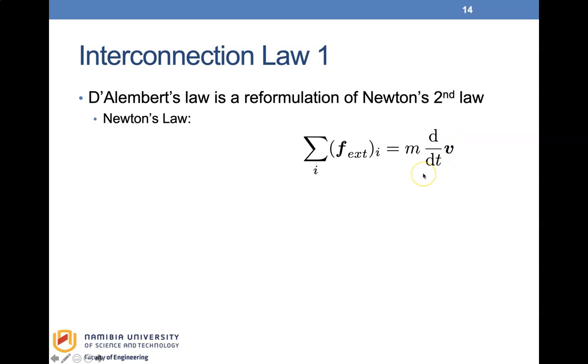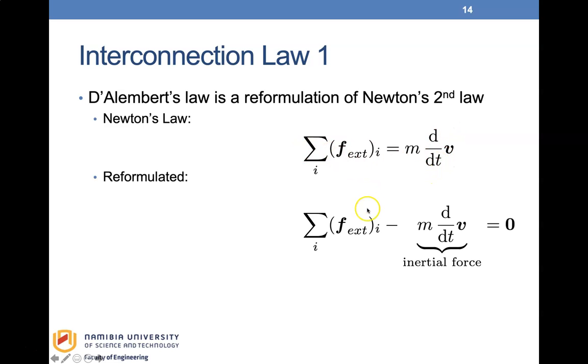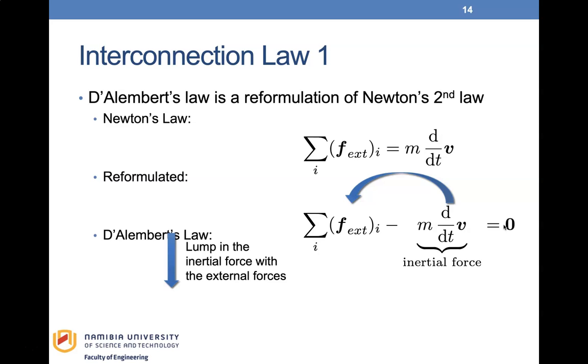This is acceleration, and the reformulation is bringing the inertia in there and saying that the sum of exerted forces minus the force that you need to overcome the inertia in order to move is equal to 0. So all he did was to lump the inertial force with the external forces and say that is equal to 0. So you see that the summation of the exerted forces is 0.